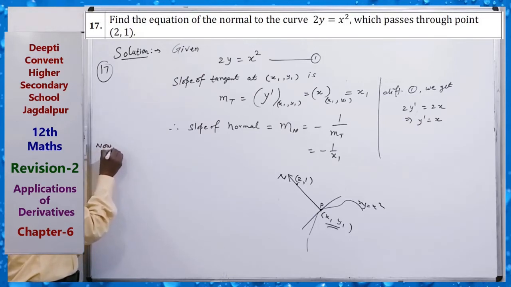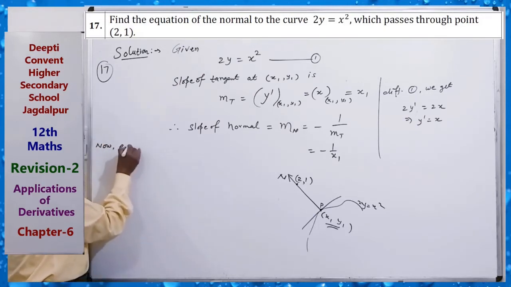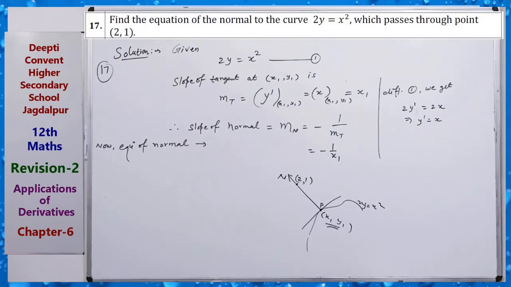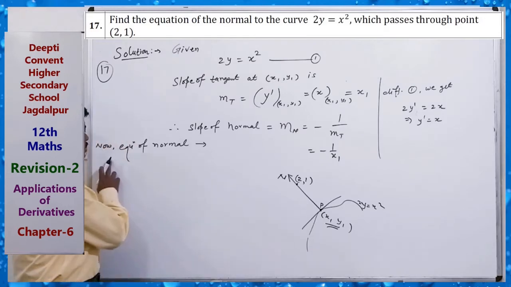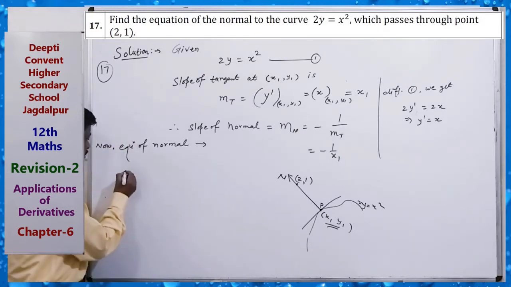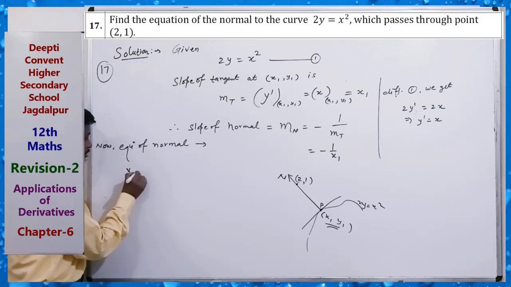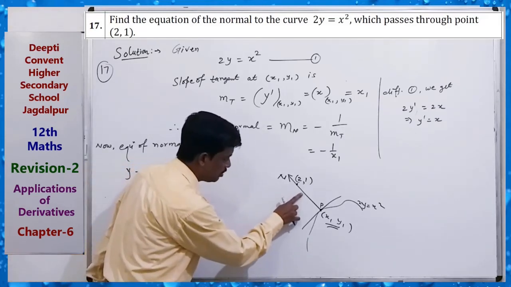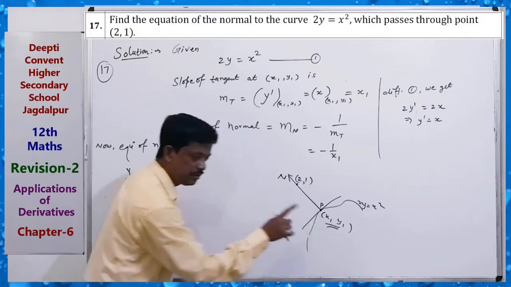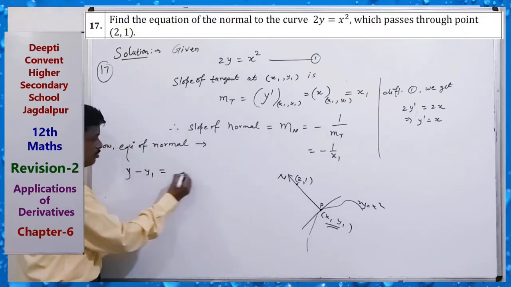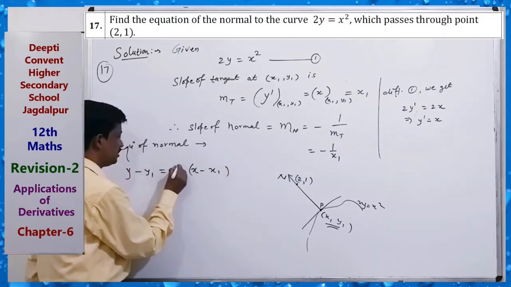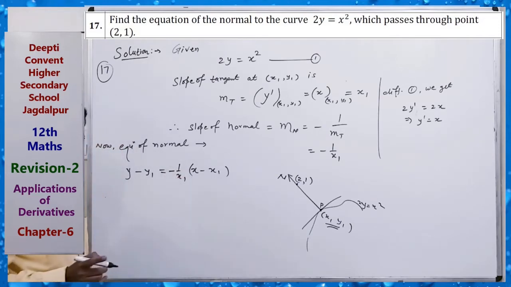Now the equation of the normal. The normal passes through x1, y1, so y minus y1 equals the slope times x minus x1, and the slope of the normal is minus 1 upon x1. Clear? Now solve it.